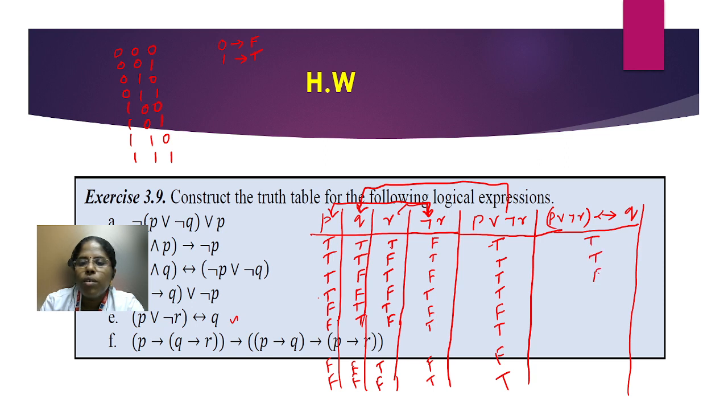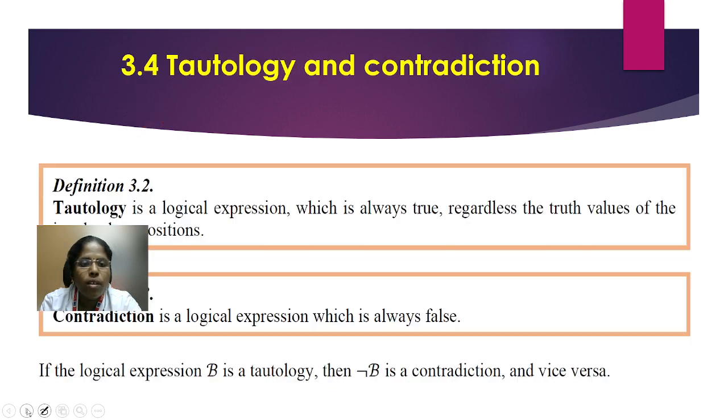Next it becomes false, false, false, true. Here also true. Here it becomes false. So likewise you need to do it for the 3 variables. Hope you can understand well how to construct the truth table. Do you have any doubt, students? If you have doubt, you can ask me. Okay, the remaining thing you need to do by yourself.